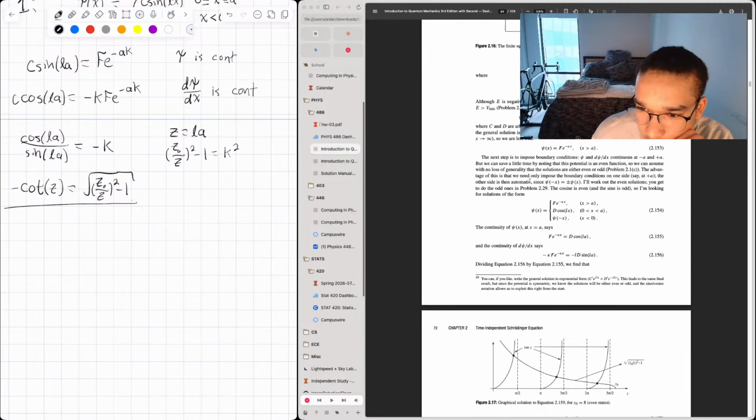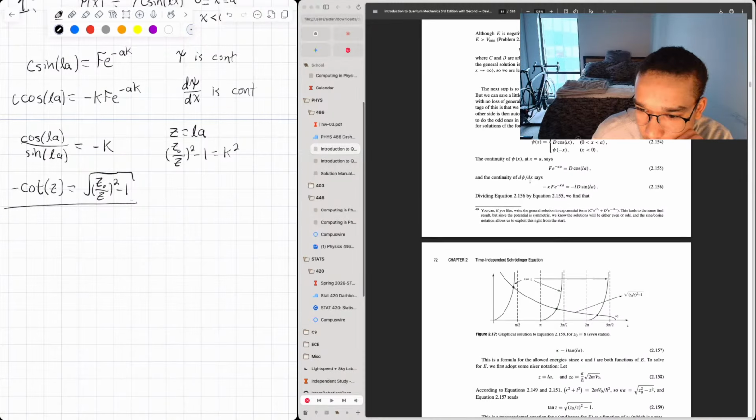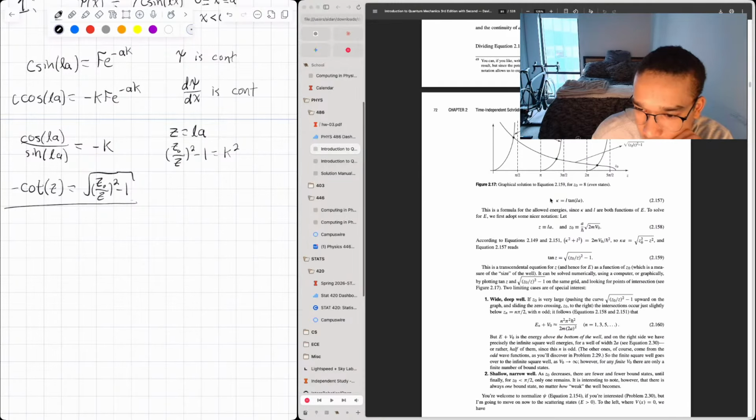It's this here. Hold on. K equals L tan. Yeah. Okay, so he says KA equals root Z naught, K squared plus L squared.